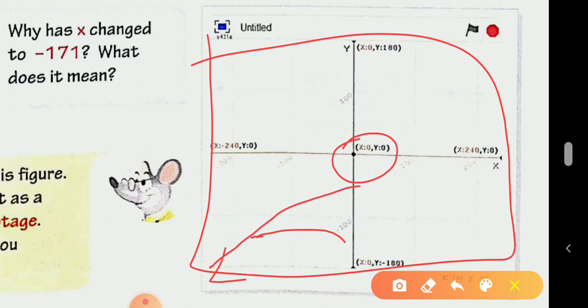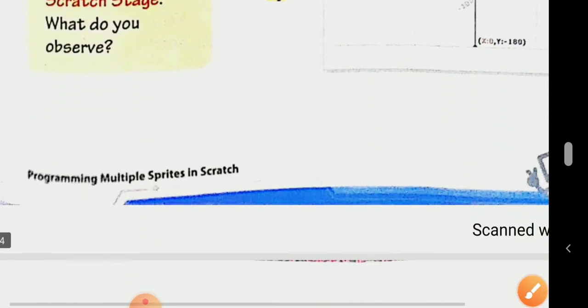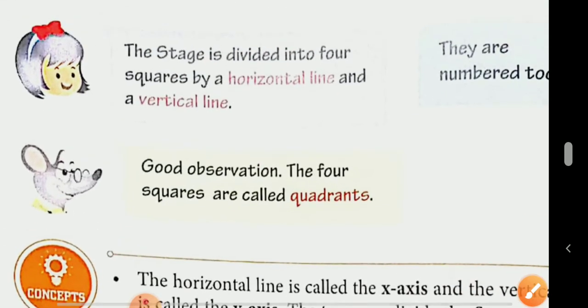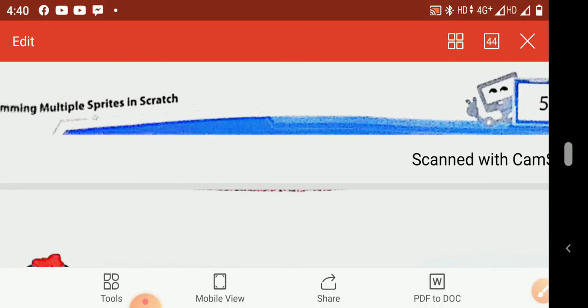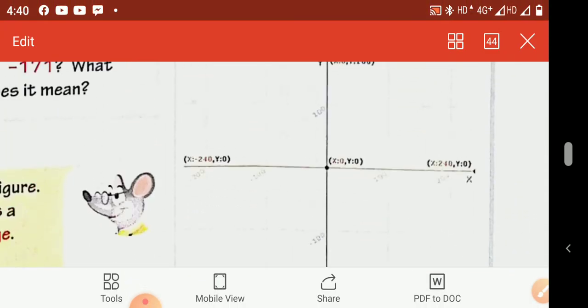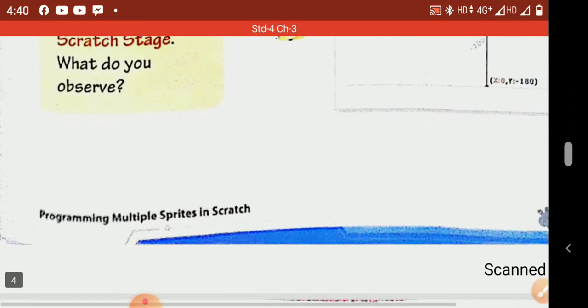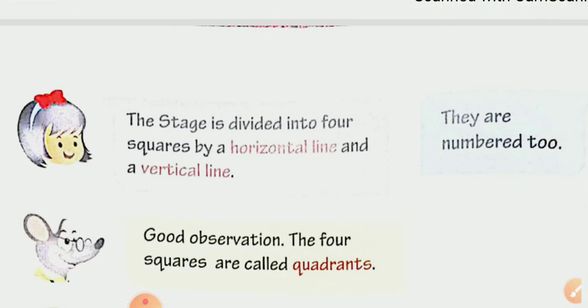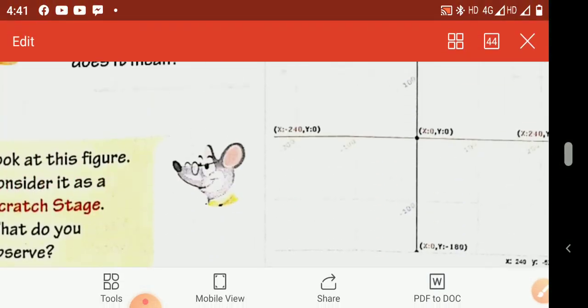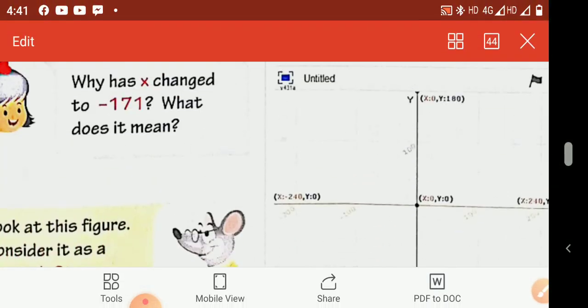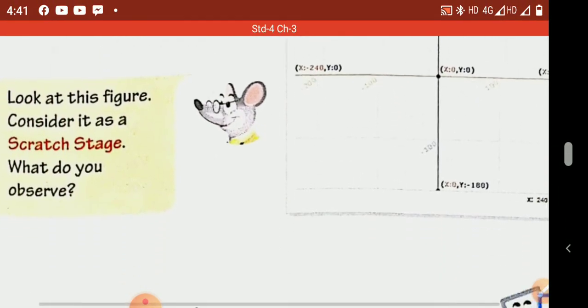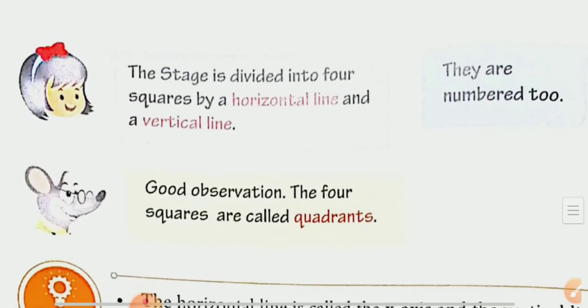Now I will explain more in the theory portion. You can see here the stage is divided into four squares. You can easily see your stage is divided into four squares by a horizontal line and a vertical line. Good observation.